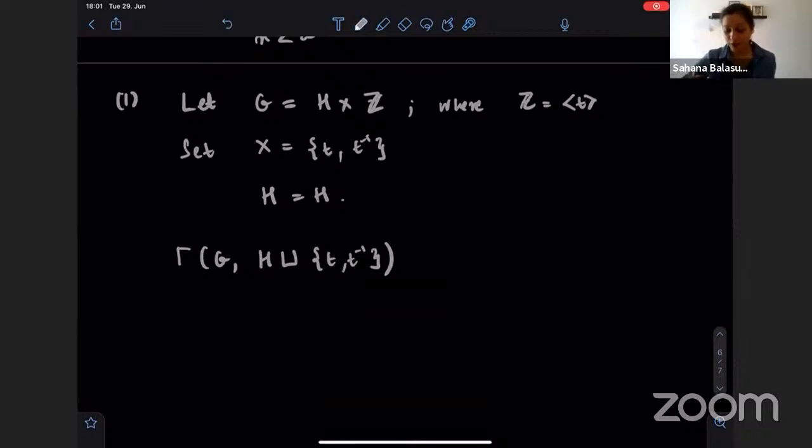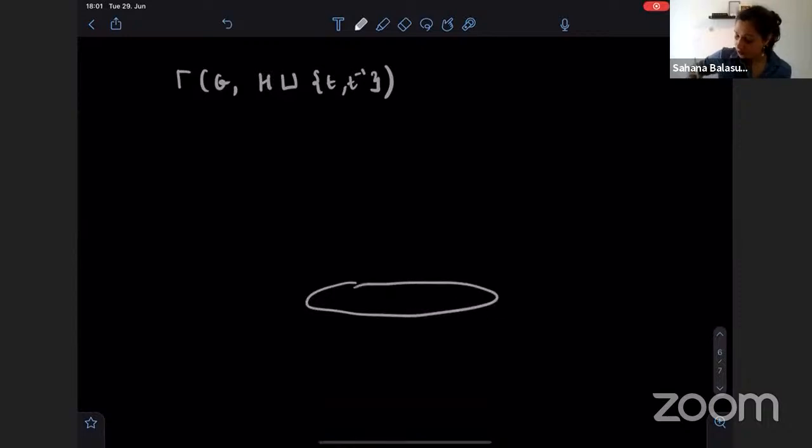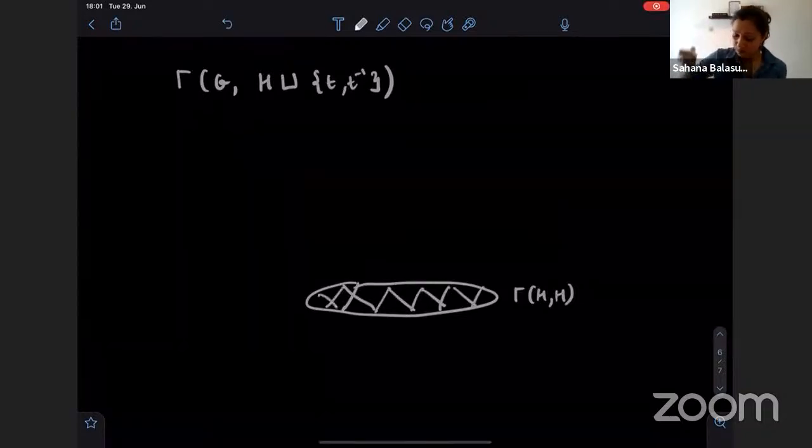So what does this Cayley graph look like? Well, it actually looks like a quasi-line, which is therefore a hyperbolic space. So what you end up having is the complete subgraph on H, which of course is a bounded set of diameter 1.